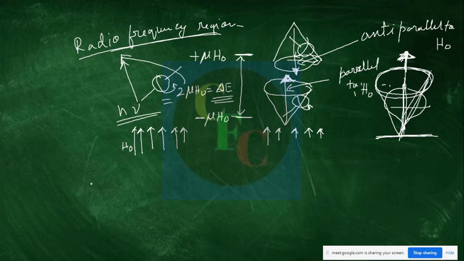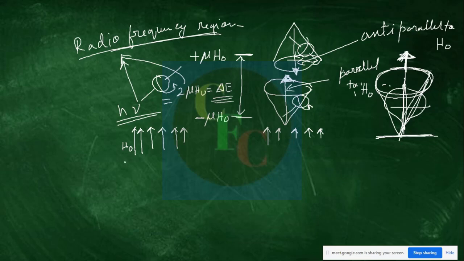And another thing, the energy gap in UV spectroscopy or fluorescence spectroscopy or IR spectroscopy was fixed, right? For a particular compound in a particular condition, the energy gaps were fixed.